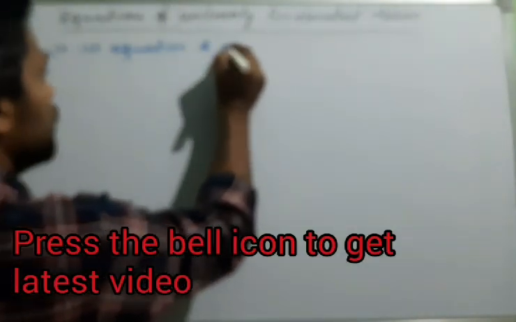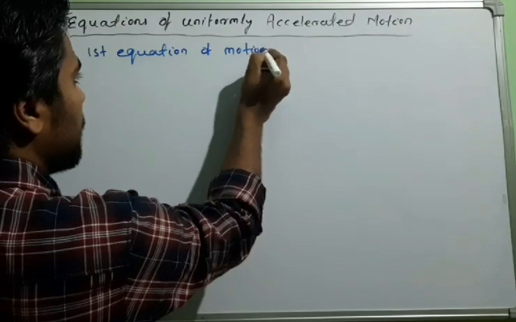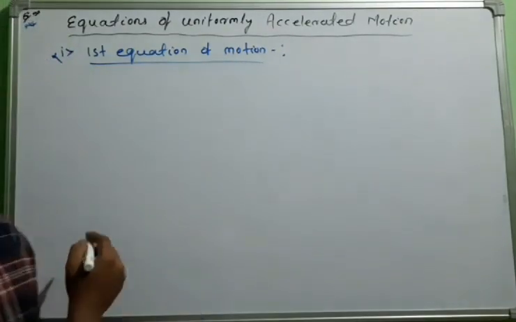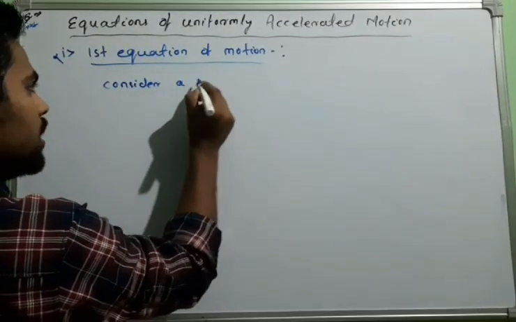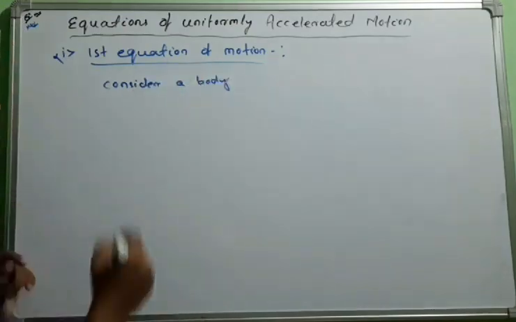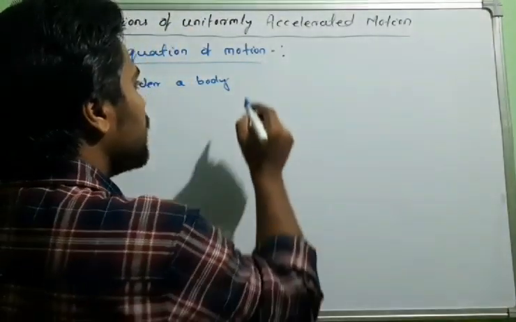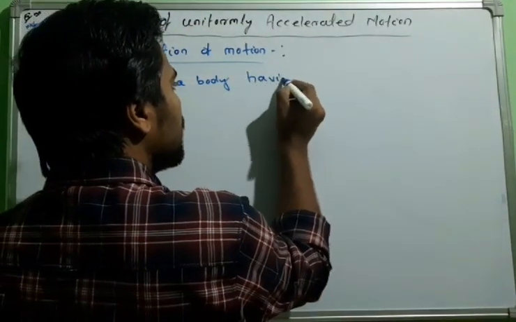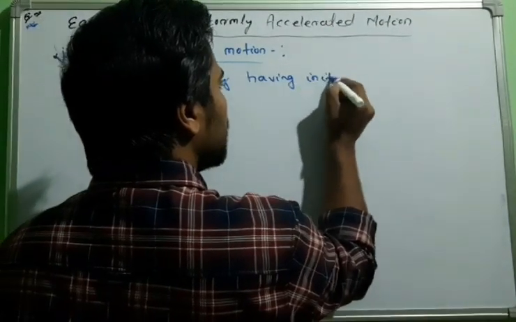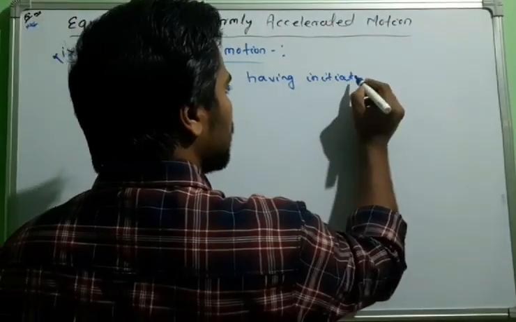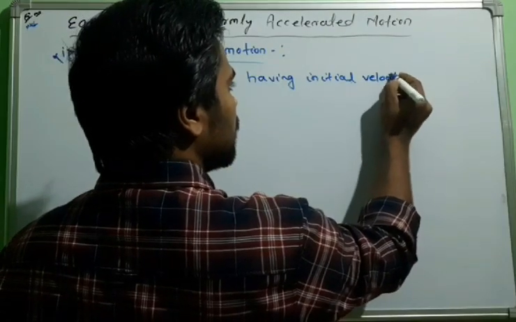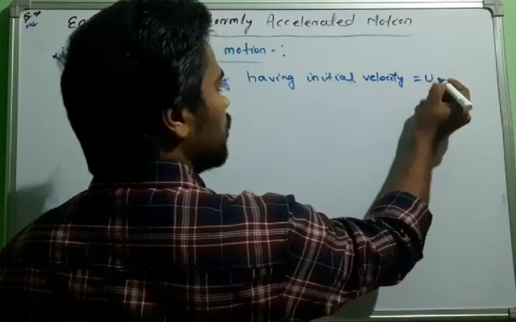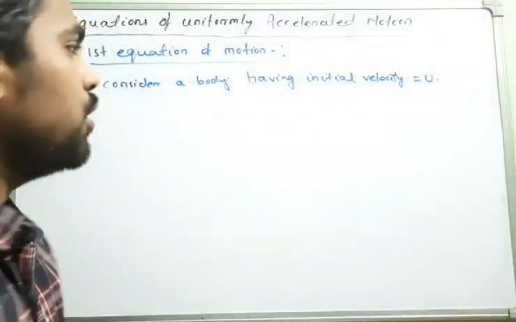Consider a body having initial velocity equal to u.